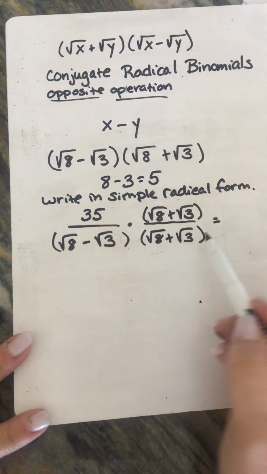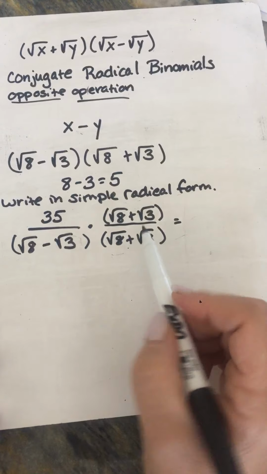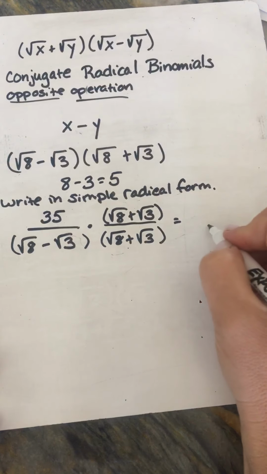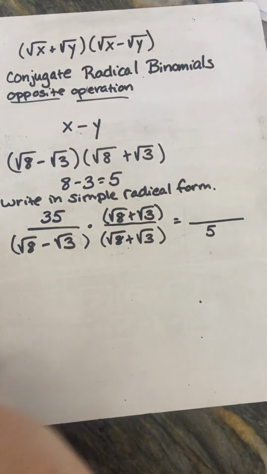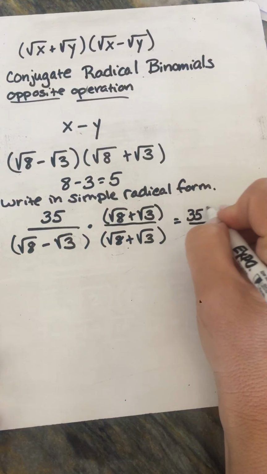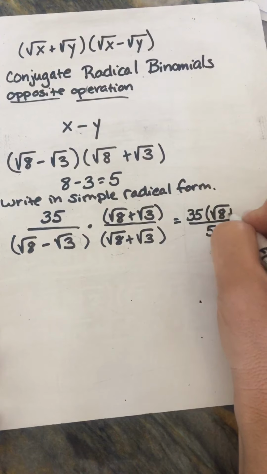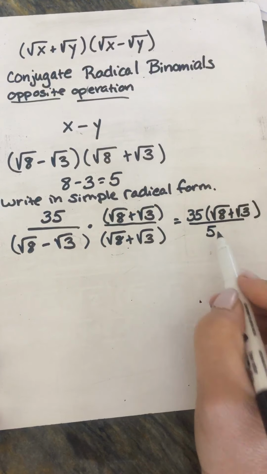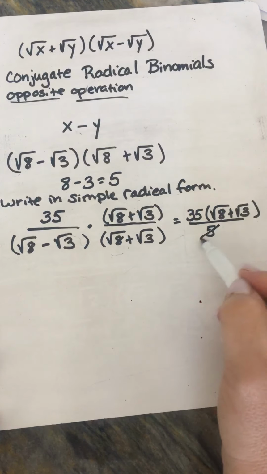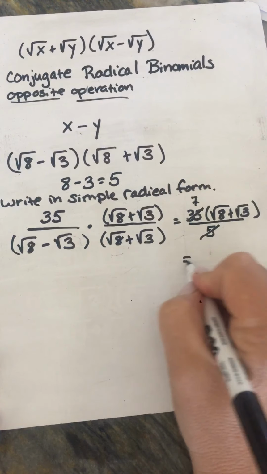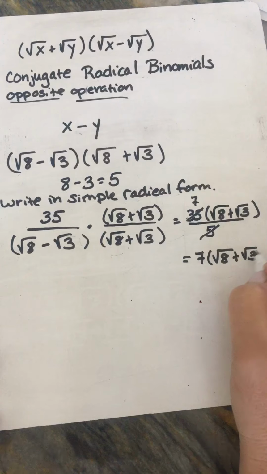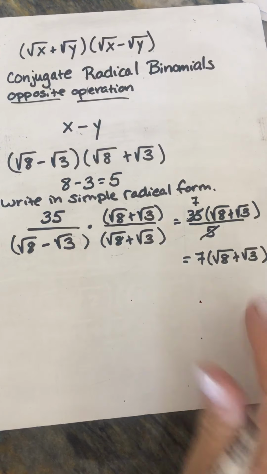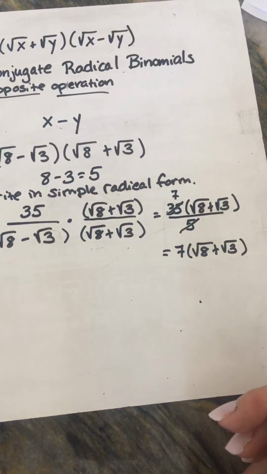Doesn't that make the denominator into something super nice, right? 8 minus 3, the denominator becomes 5. And then the numerator becomes 35 times the quantity square root 8 plus square root 3. Hey, oh, look at that. Boom, so this is actually 7 times the quantity square root 8 plus square root 3. You can distribute the 7 if you want. Doesn't matter to me.